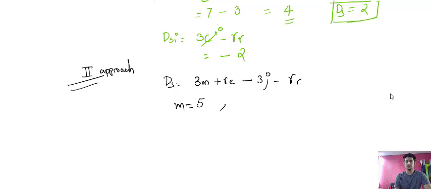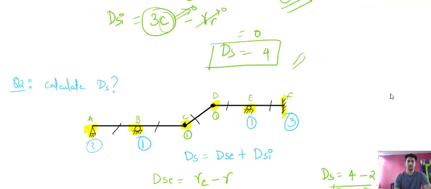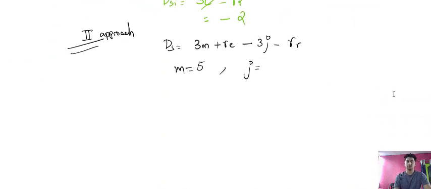Now the value of J, the joints. The joints here are 1, 2, 3, 4, 5 and 6. So 6 joints are here, so J value is 6. So Rr value will be 2. How come it is 2? The formula for Rr is the summation of m dash minus 1.